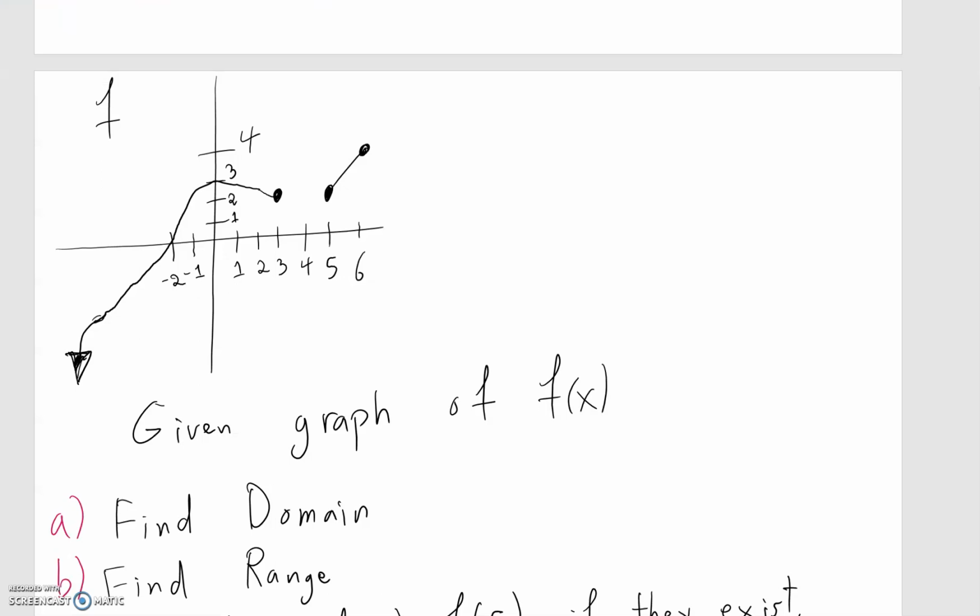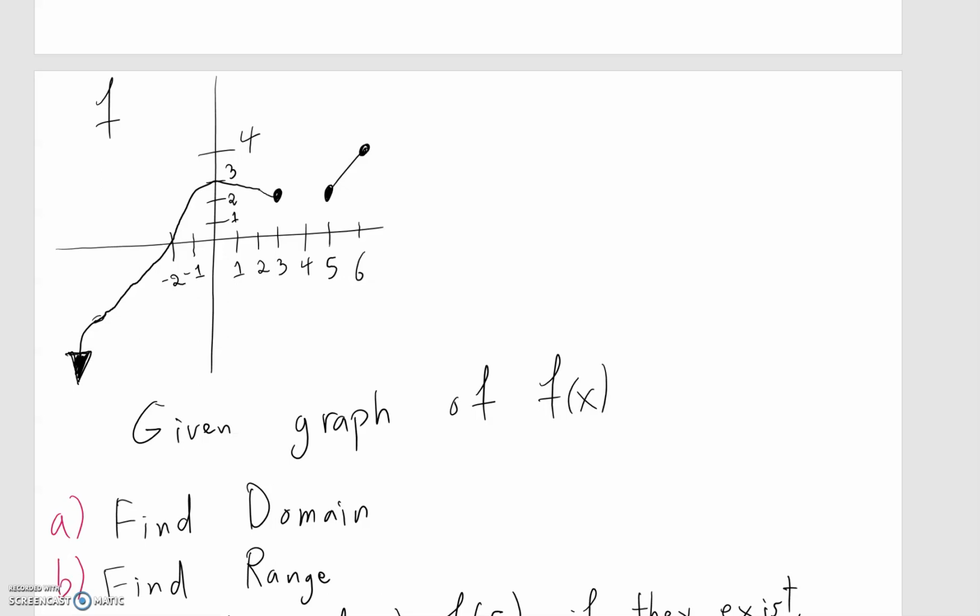This means that we can continue to plug in negative numbers for x, and our outputs are going towards negative infinity. Looking at the graph, we can plug in all of these x values from negative infinity all the way up to positive 3, and then there's a gap, right? There's a gap in the function. The function continues for x values between 5 and 6 inclusive.